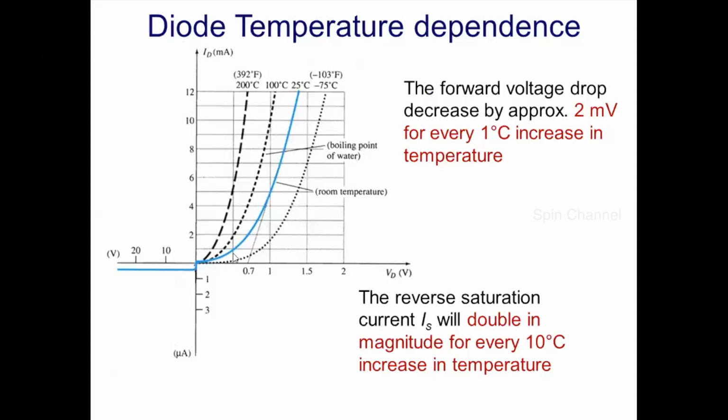So as a thumb rule, the forward voltage drop decreases by approximately 2 millivolt for every 1 degree rise in temperature. The reverse saturation current will double in magnitude for every 10 degree increase in temperature.